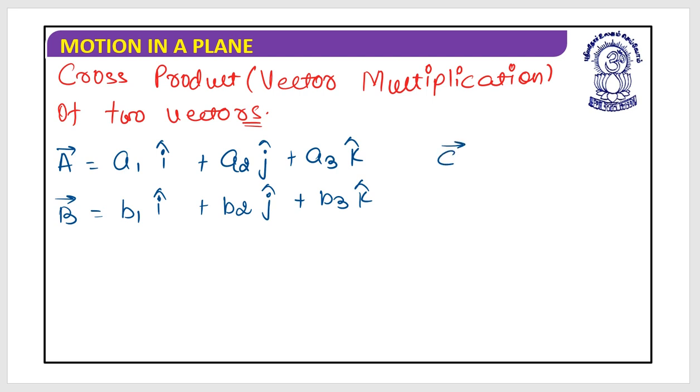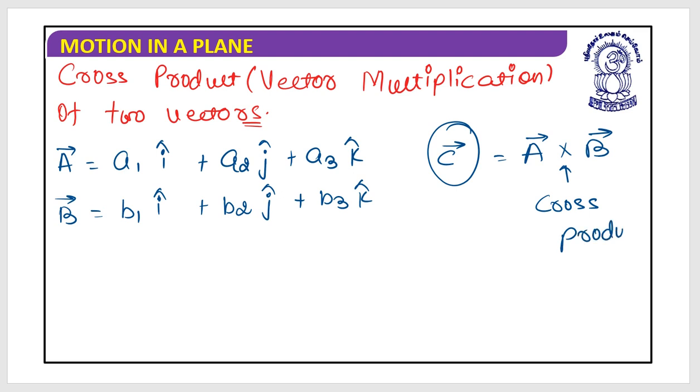Suppose I need to find a vector c. Look at this sign, this requires a cross b. This represents the cross product. The first thing you must remember is that a cross b equals ab sine theta.